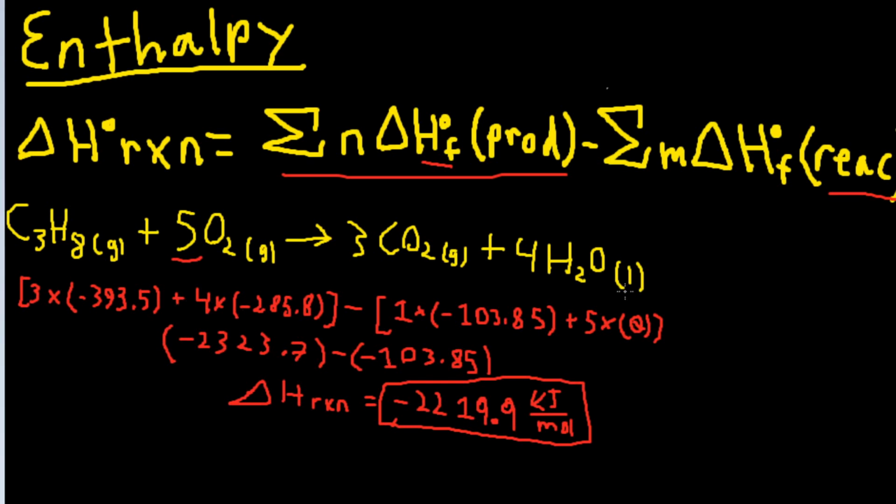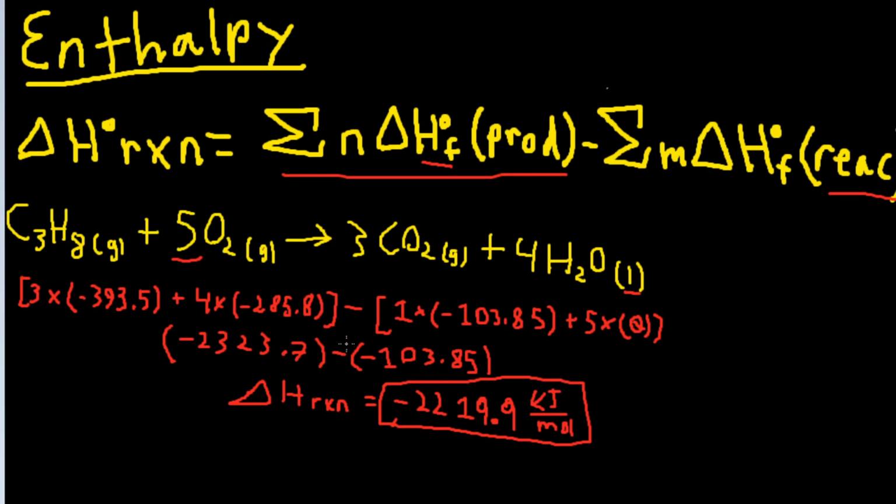You need to make sure you're using the standard enthalpy of formation for the right state of matter. Then you subtract the same thing for the reactants: propane is minus 103.85 kilojoules per mole, and oxygen is 0. So then you get your sides, and you subtract them.